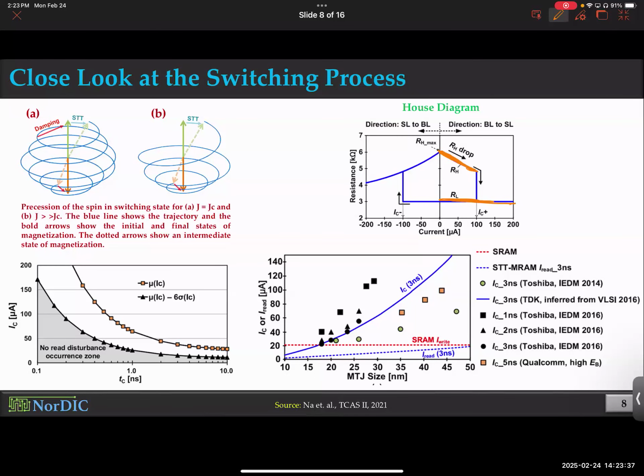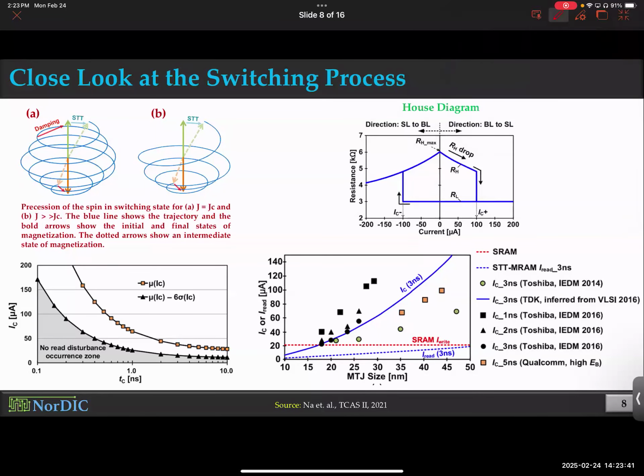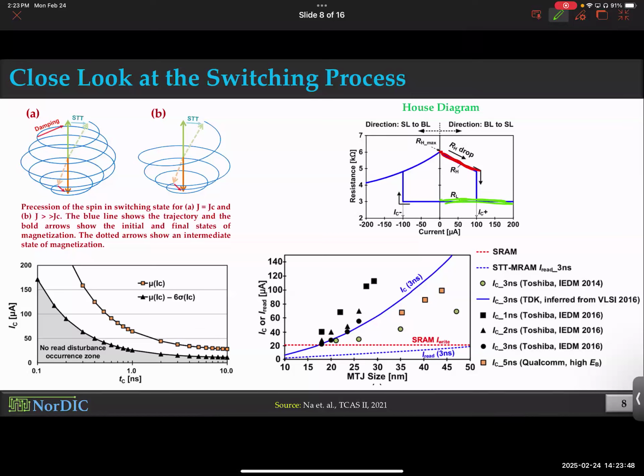One of them represents anti-parallel, the other represents parallel. Okay, let me use different colors for the sake of it. So this red one represents one version. The green one represents the other version. Which state do you think the red one represents? Anti-parallel or parallel? Why? Thank you. Yes, high resistance.